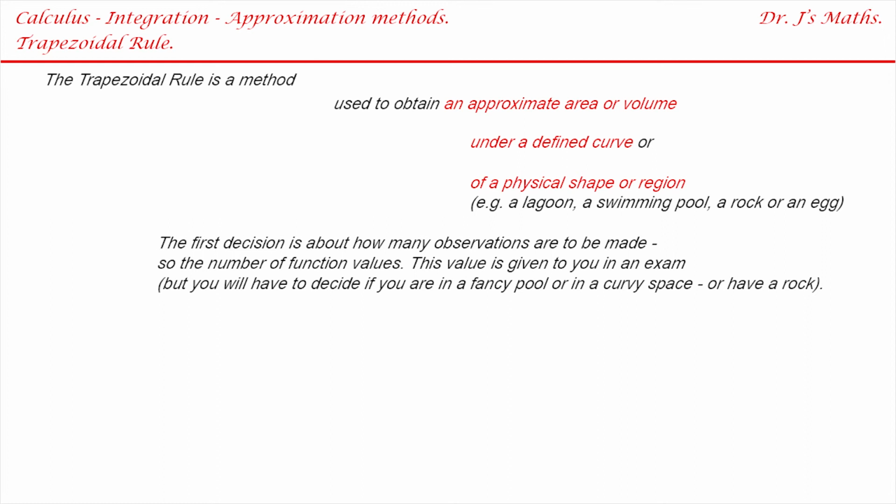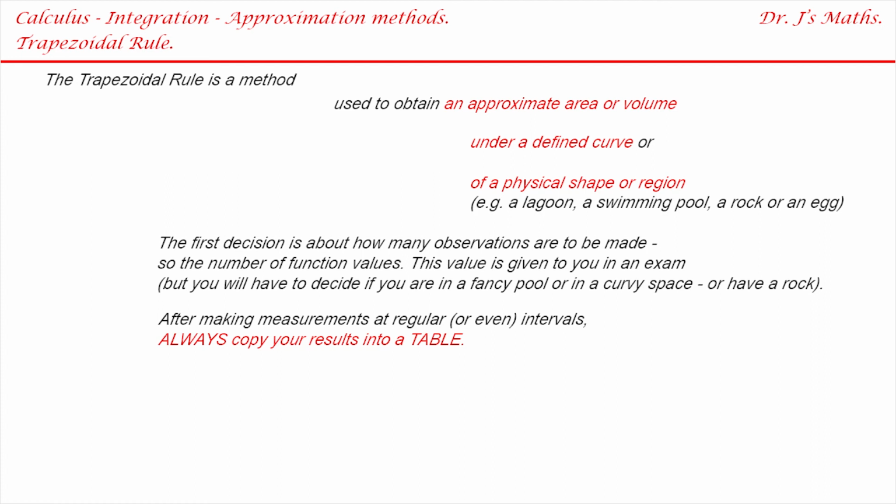This value is given to you in an exam, but you will have to decide it for yourself if you're going to do a fancy pool or a curvy space, or if you too have a rock. After you make your measurements at regular or even intervals, always copy your results into a table. It's very important that you put them in a state that you can use easily.